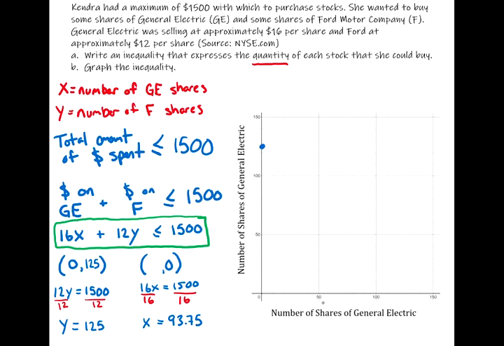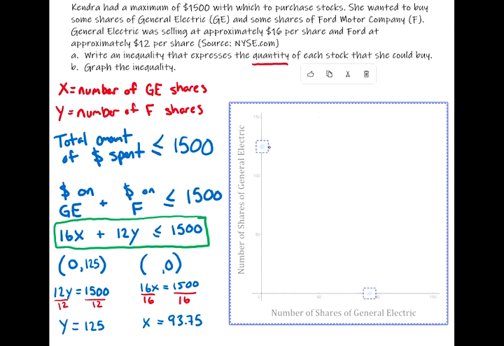Over here on our graph, here's 50, 60, 70, 80, 90. So 93.75 is somewhere around there. Those are the 2 points on the graph. Again, we're only using the first quadrant where x is positive and y is positive because we can't have a negative number of shares. You can't purchase a negative number of something.